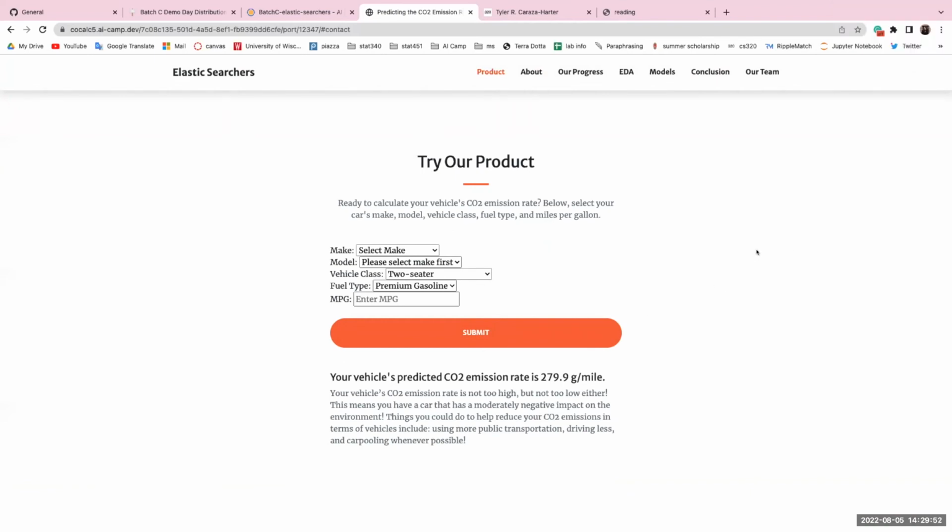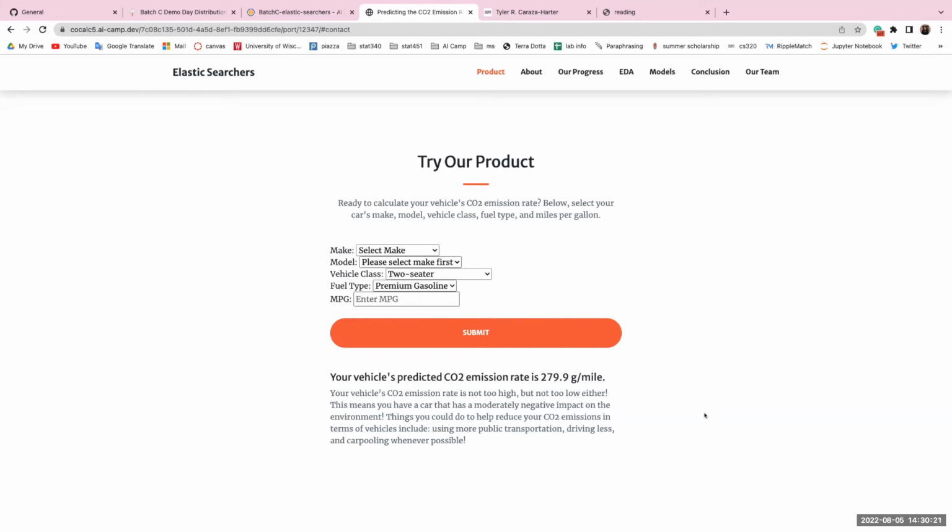So our product uses 3 ranges from the US Environmental Protection Agency to determine if the carbon emission is low, mild, or high. The predicted CO2 emission for this car was 279.9 grams per mile. And in this case, the vehicle's carbon emission is not too high, but it's not too low either. This means you have a car that's a moderately negative impact on the environment.